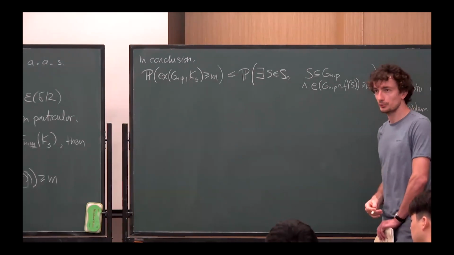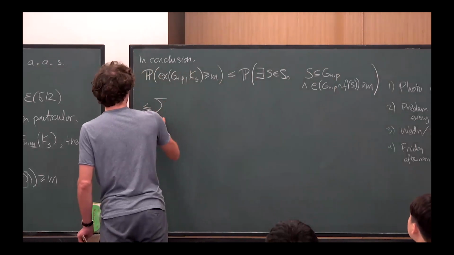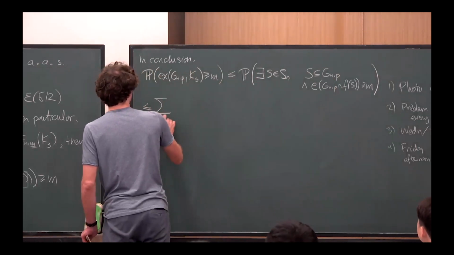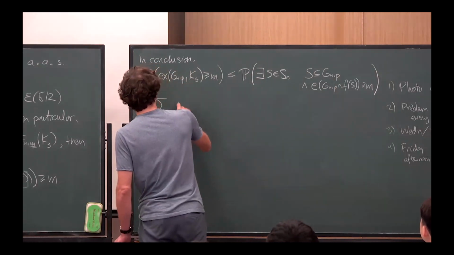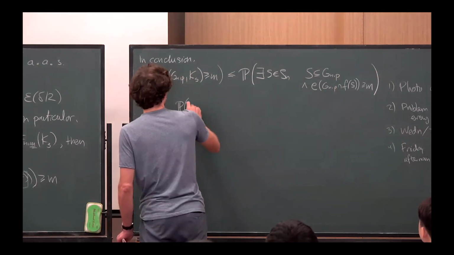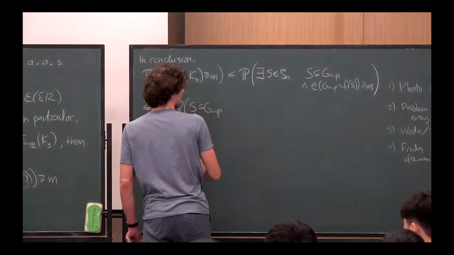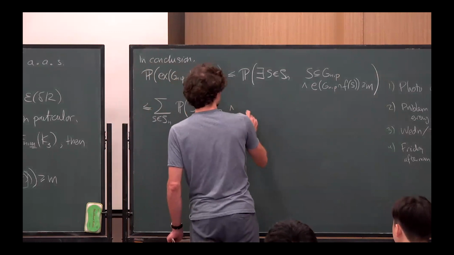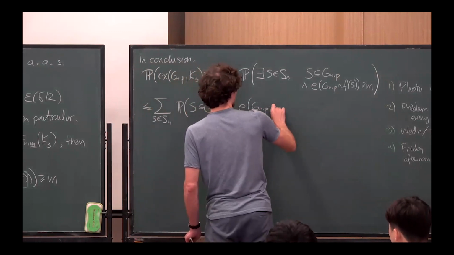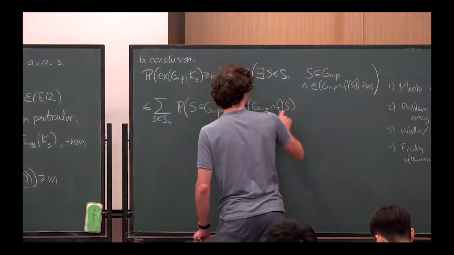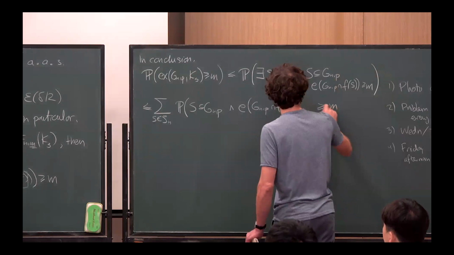And now we can use the union bound. We can sum over all S in Sn the probability that S is a subset of the random graph, and the number of edges here is at least m.